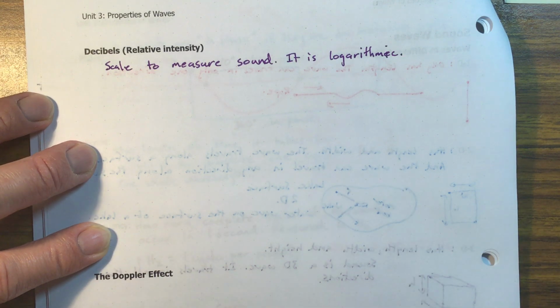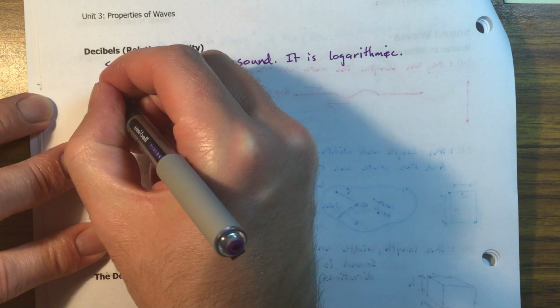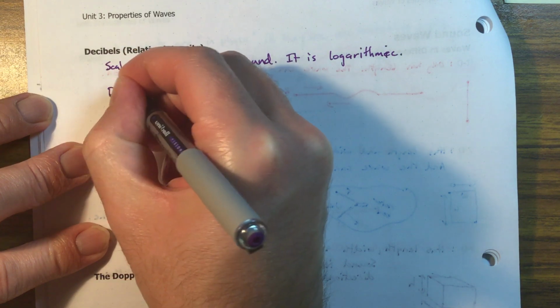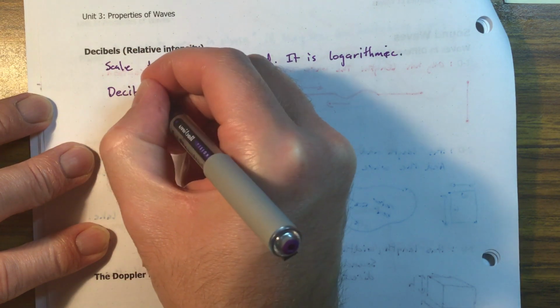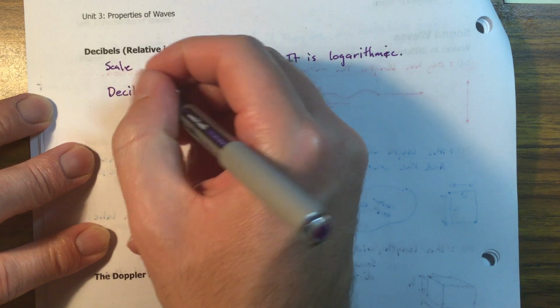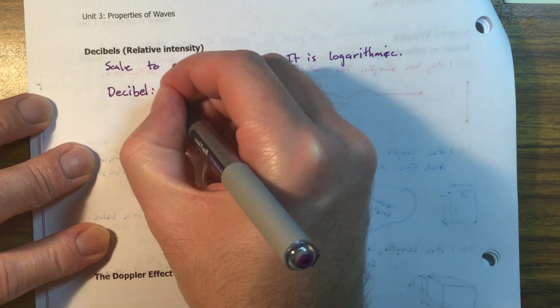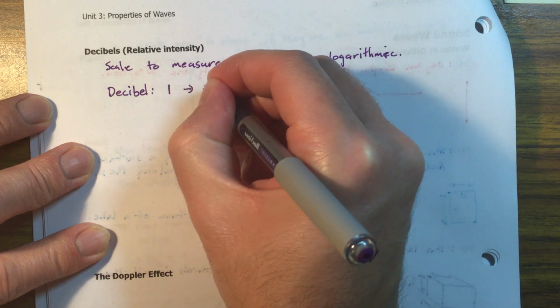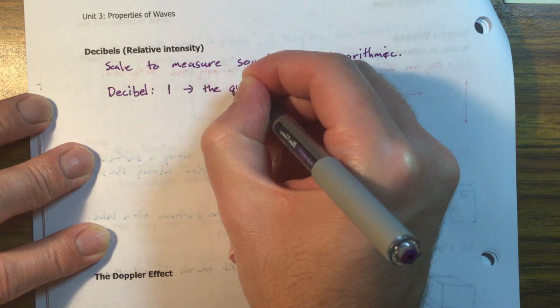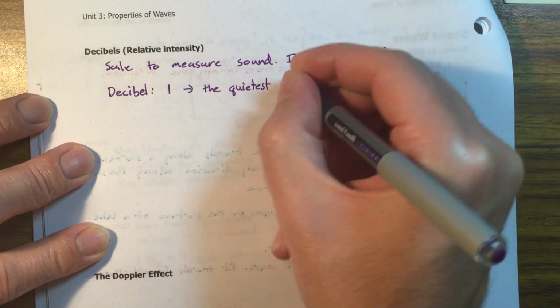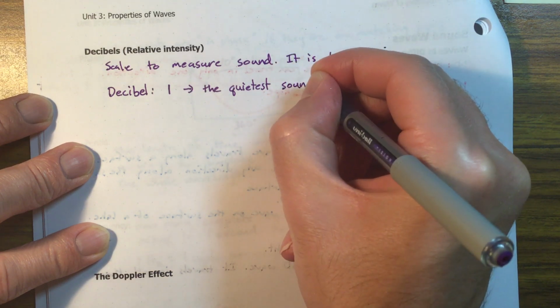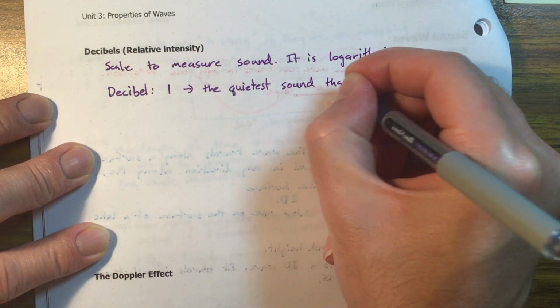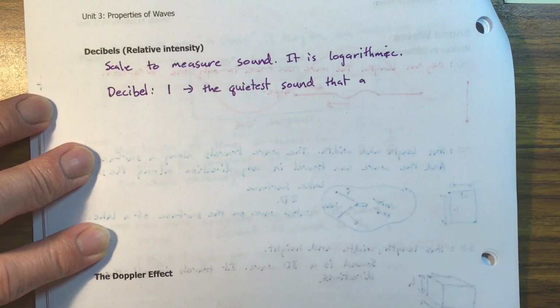All right, so decibels, how it works is like this. Decibel level of 1 is the quietest sound that a typical human can hear.